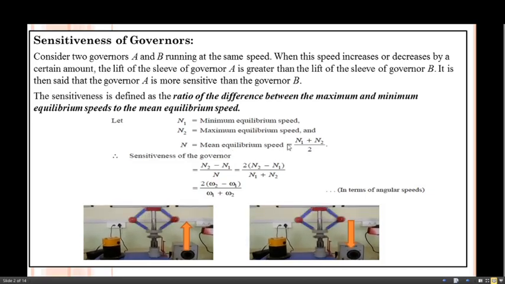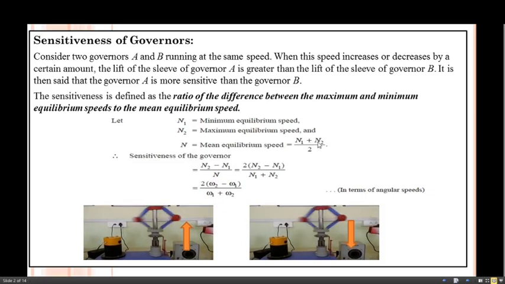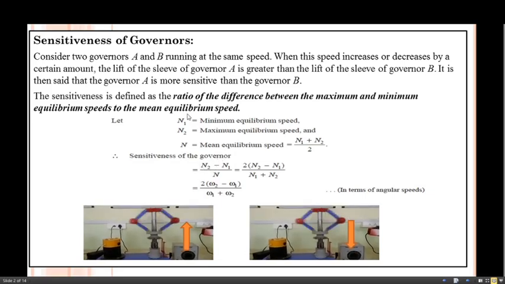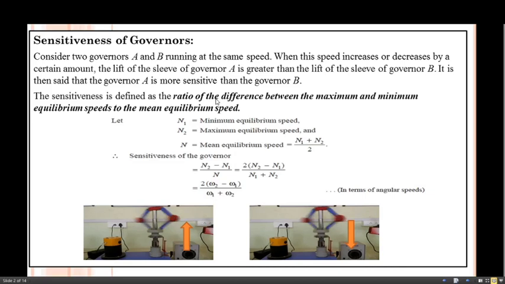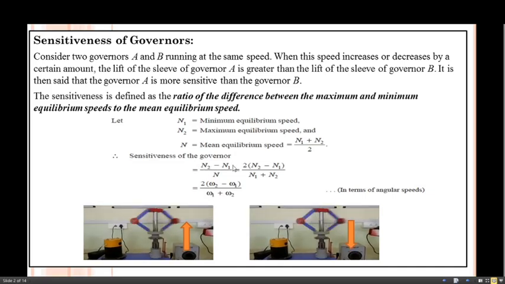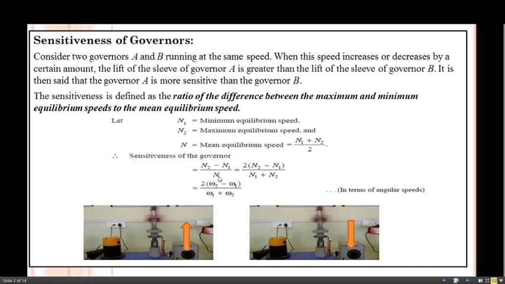So mean equilibrium speed is N1 plus N2 by 2. Sensitiveness of the governor, as per this definition, is the ratio of the difference between the maximum and minimum equilibrium speeds to the mean speed.